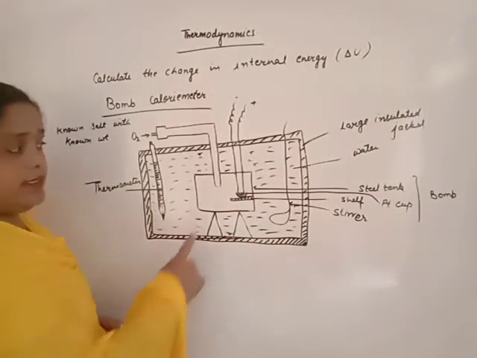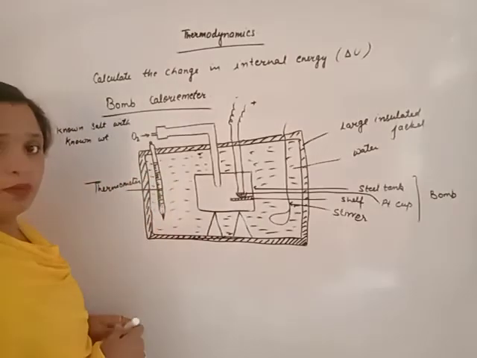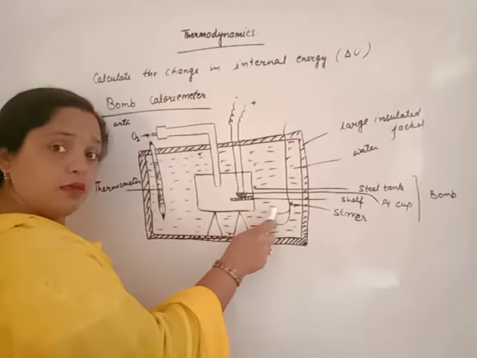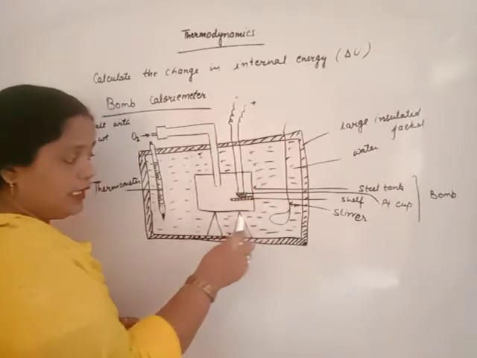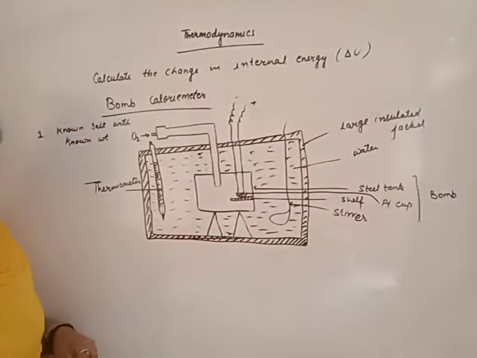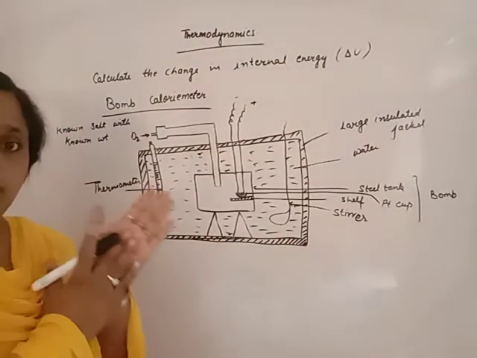By releasing energy, this steel vessel becomes hot. When it is hot, it transfers heat from the steel to the water, and the water near the steel vessel becomes hot.